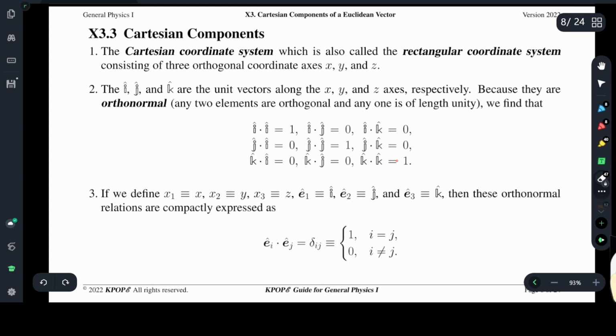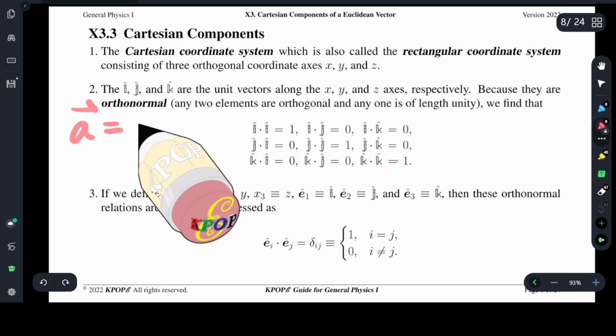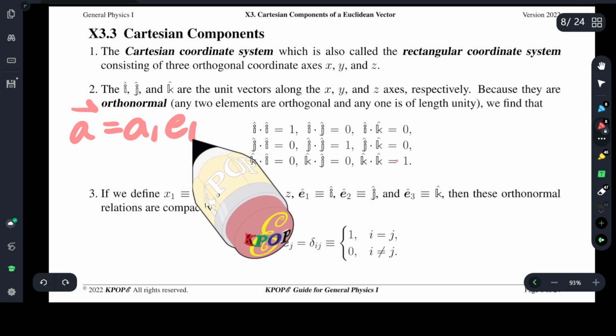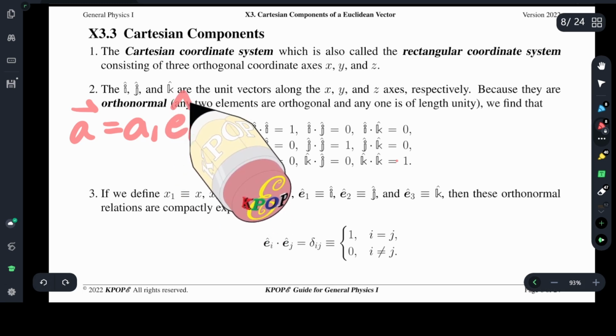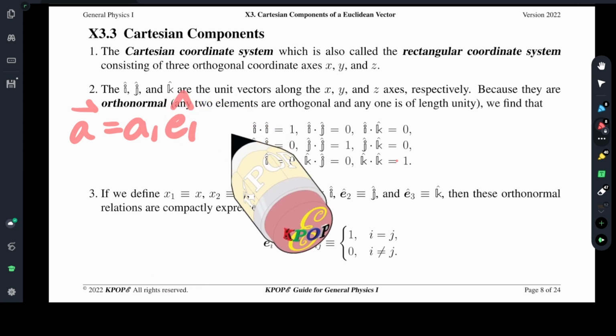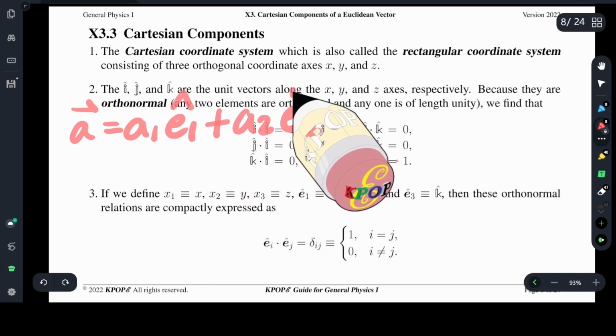So in one dimension, vector A is expressed with a single coordinate or component and a single basis vector. A vector in two dimensions needs two basis vectors.